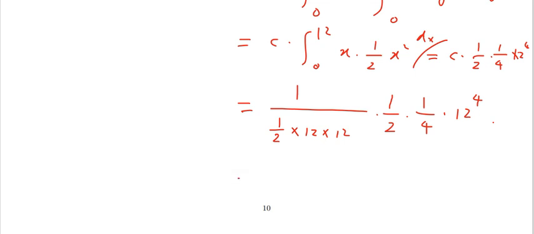We can simplify: cancel a 12, cancel the half, so this is 12 squared over 4, which equals 6 squared.